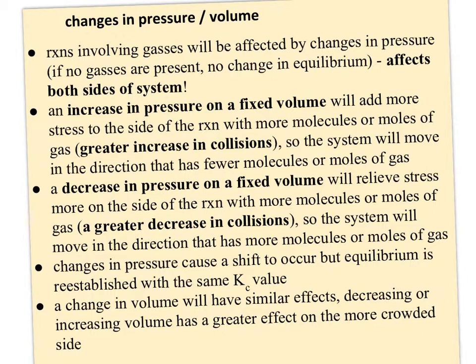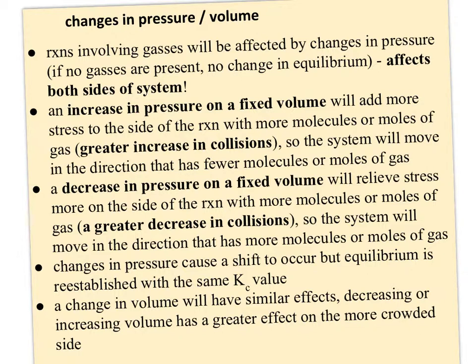If there are gases involved, it is going to affect both sides of the system, but it will affect the side of the system with more moles of gas to a greater degree. So if you increase pressure on a fixed volume, it's going to add more stress and cause more collisions on the side of the system with more molecules. And that means your equilibrium is going to shift in the direction that has fewer molecules or fewer moles of gas.